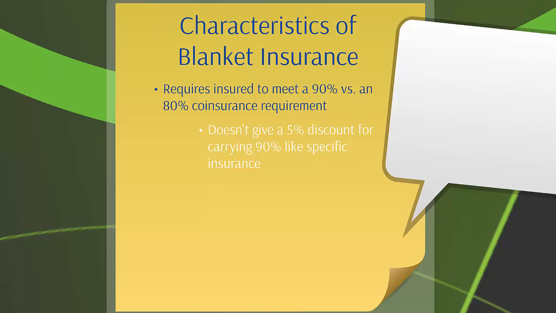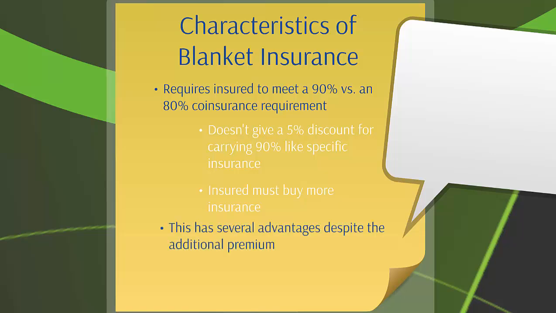In other words, specific insurance only requires 80% coinsurance, but will give a 5% discount on premium if the insured carries 90%. So, with blanket insurance, the insured has to buy more insurance. Despite the additional premium, there are several advantages to having blanket insurance. It gives the insured significantly more coverage at one insured location.